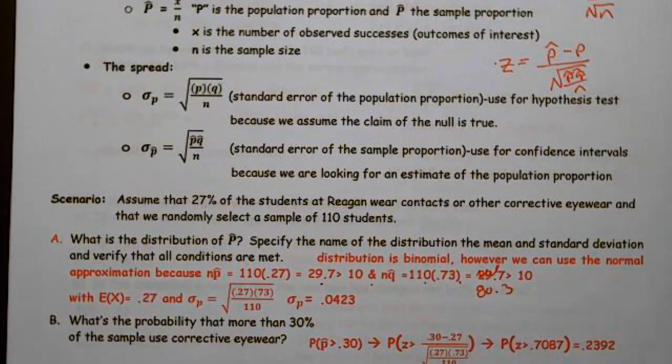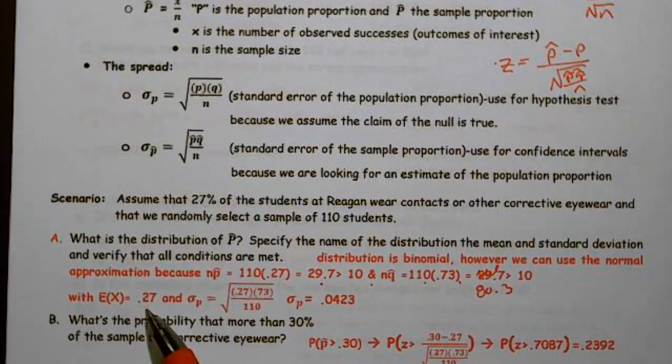So we're okay to use the normal approximation. All right. So our expected value, our mean, our population mean would be 0.27. This is what we expect to get. And our standard deviation would be the square root of 0.27 times 0.73, this 0.73 is 1 minus 0.27, and we end up getting this value.